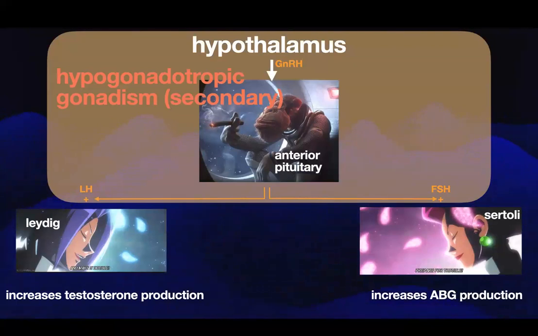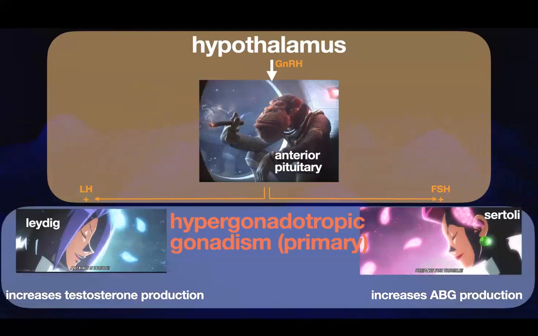What I mean by this is, if your low level of testosterone is due to low levels of LH or FSH, that is considered hypogonadotropic, because these are our gonadotropins. And we call this by convention secondary hypogonadism. The problem is not at the level of the testes, the problem is a level above.